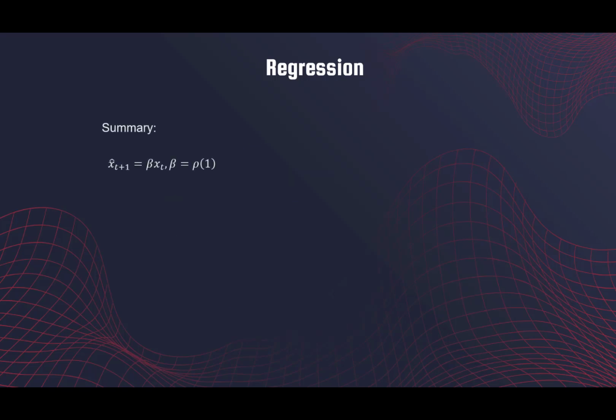Just a quick summary. If I want to predict x_{t+1} based on x_t, my beta is rho_1. And if I want to predict x_t based on the value one time step in the future, my beta is again rho_1. Can we generalize this?